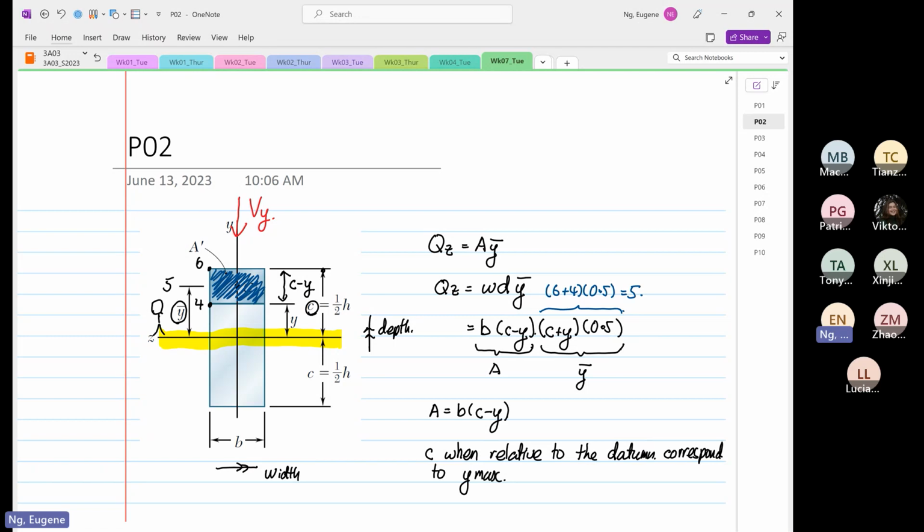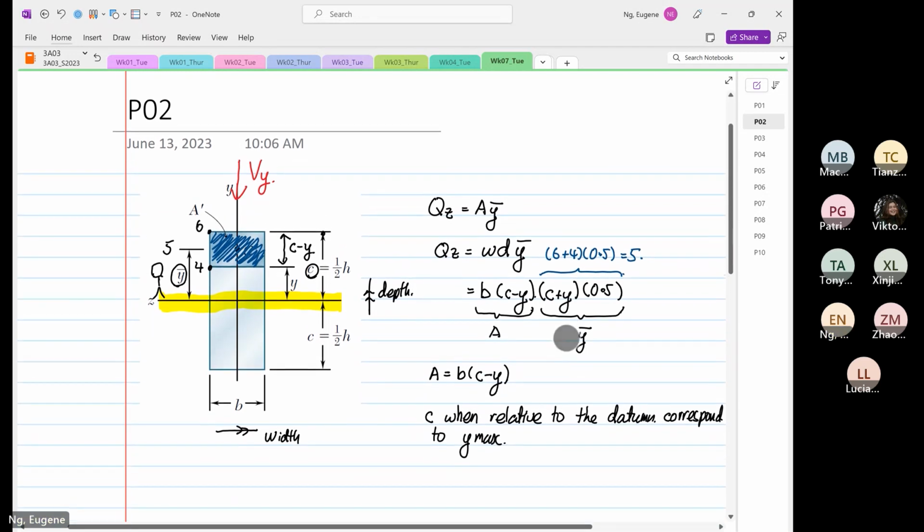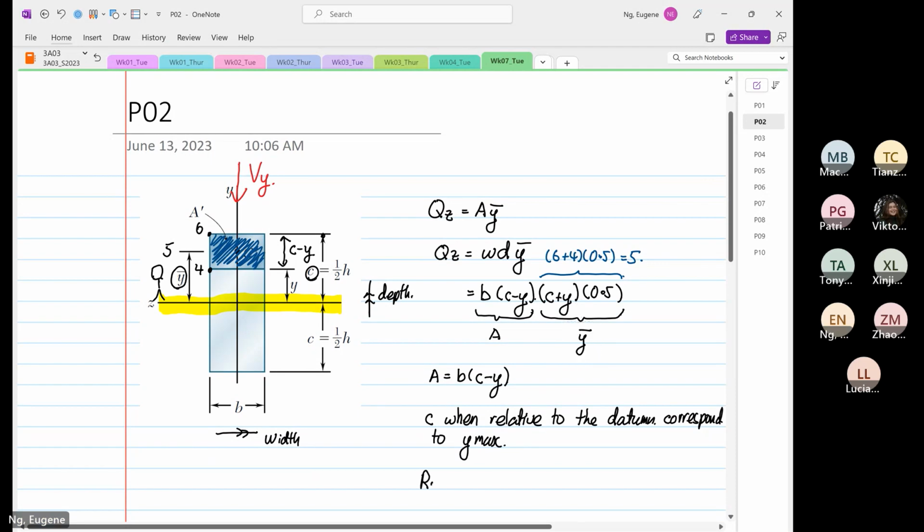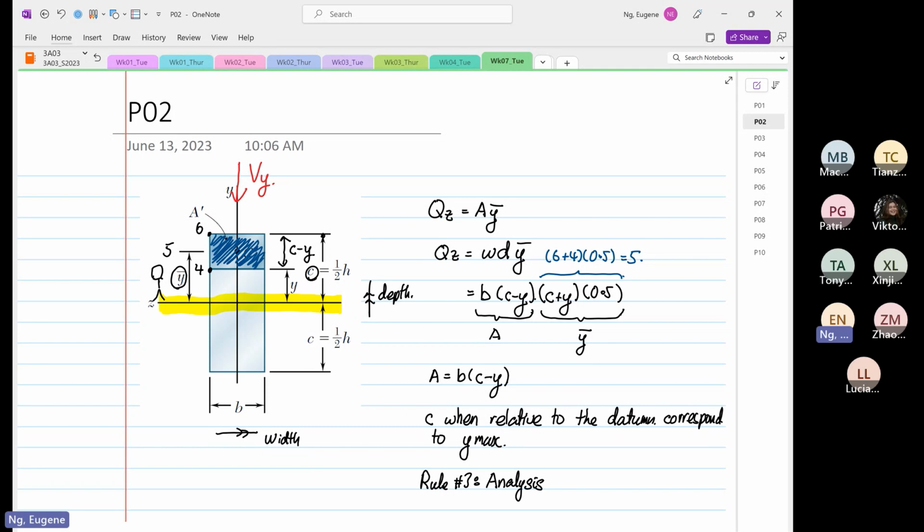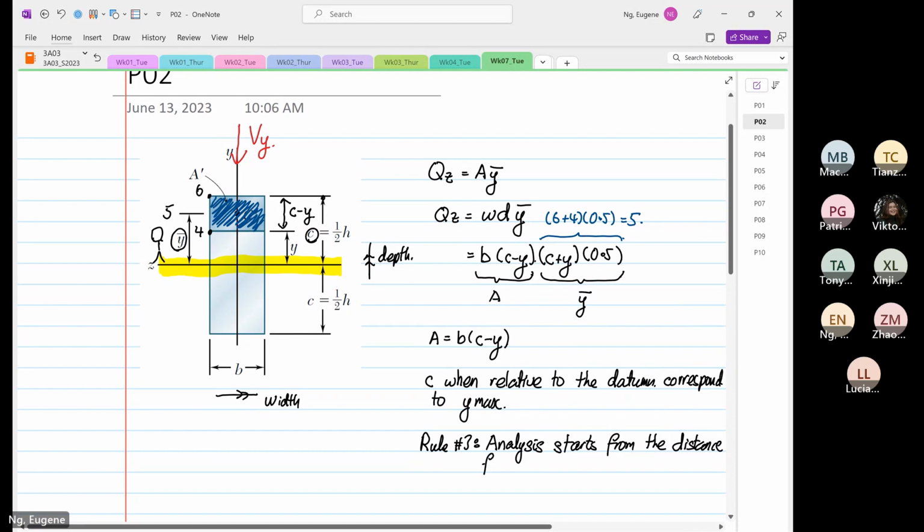So from here, rule number 3 states, based on C is the maximum distance from the centroid, we will define that the analysis starts from the distance furthest away from the centroid.